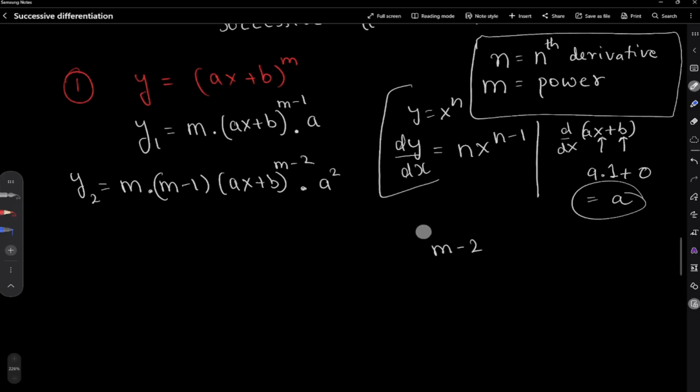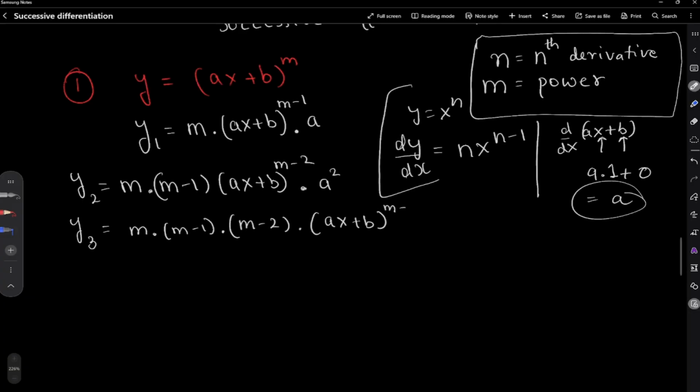So similarly, doing the same for the third derivative, we have m as it is, we have m minus 1 as it is, times this m minus 2 will come down, so this will be m minus 2 times (ax plus b) as it is. Now m minus 2 minus 1, which is m minus 3, times a squared into a, which is a cubed.